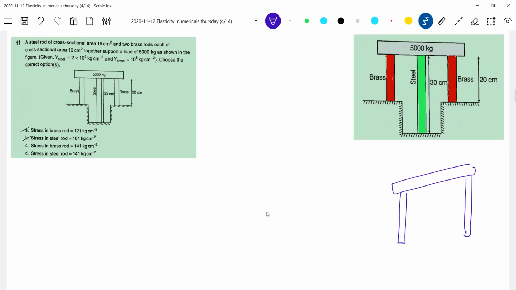Anybody? Will it be like this? Will the load be like this?